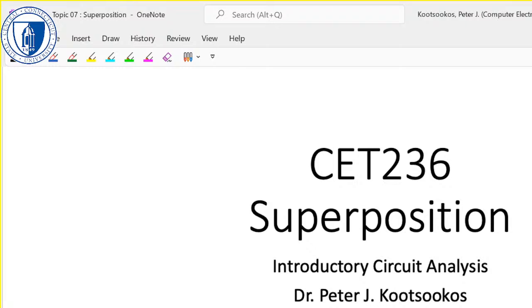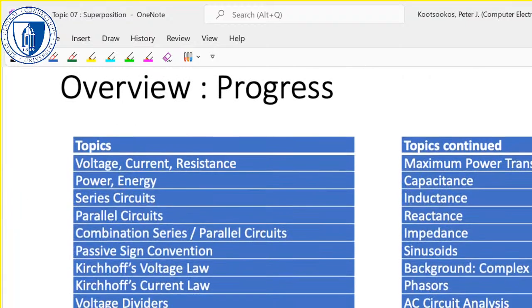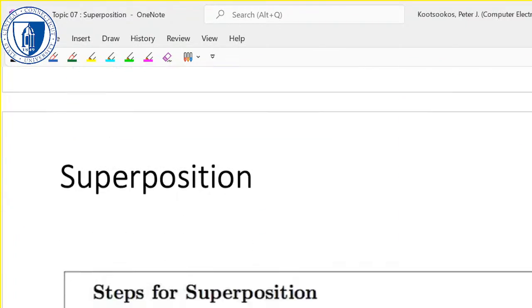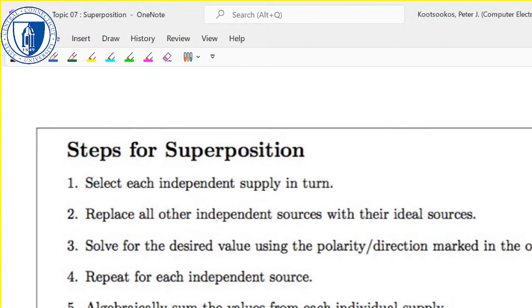So the other topic I wanted to talk about is superposition. Oh, we do have this step by step. I'd forgotten about that.